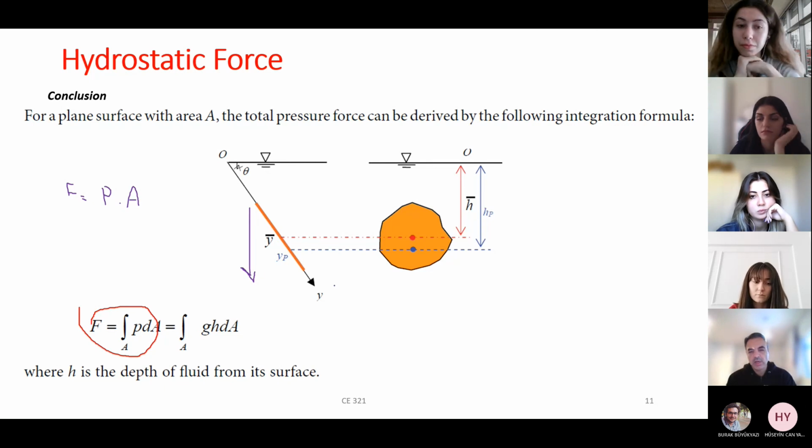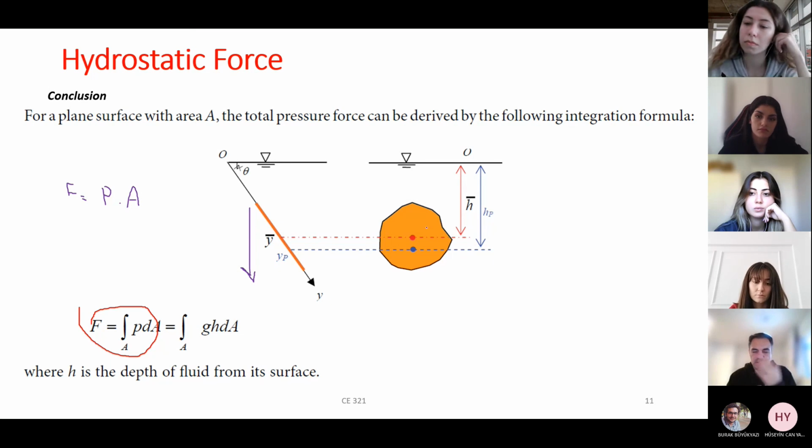What should I do? What I did in vertical problem, I just select a strip on the wall and then find differential pressure, differential force, and then take integral to find entire force. In fact, the general solution is like this. Look, I have such a shape, irregular. It could not be always a regular shape, and I want to find what is the resultant force on it.